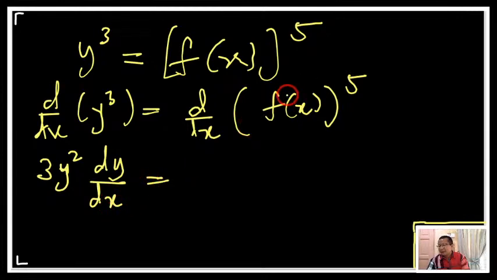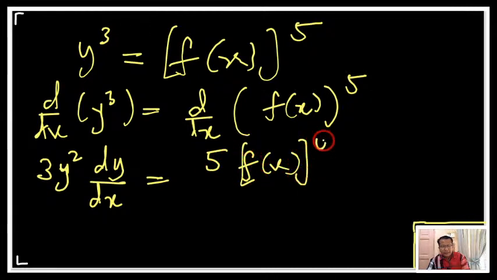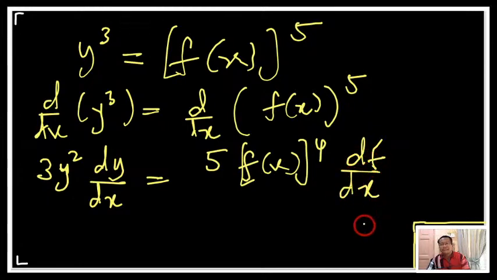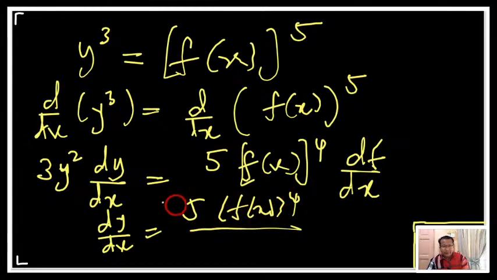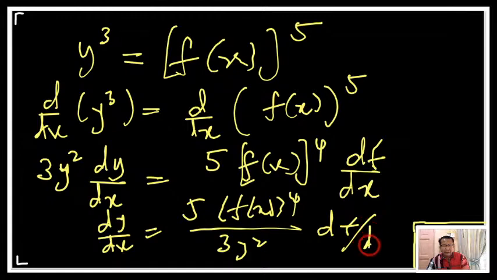This one, chain rule, so 5 f(x) to the power 4 times df/dx. So dy/dx is not finished yet, it is equal to 5 f(x) to the power 4 times df/dx over 3y squared.